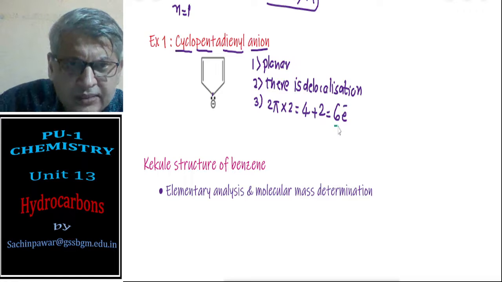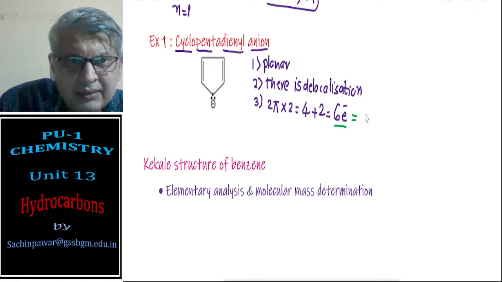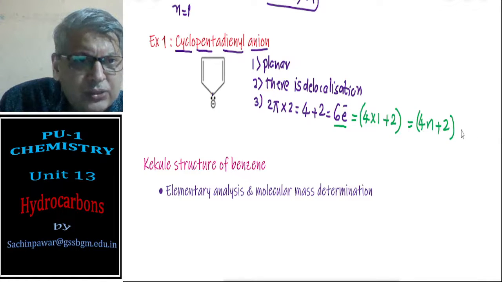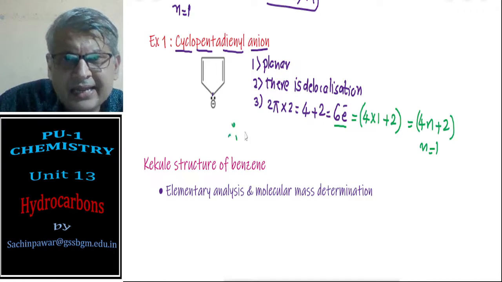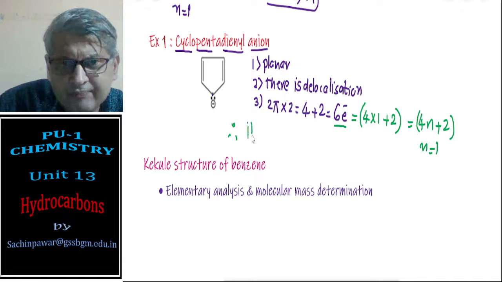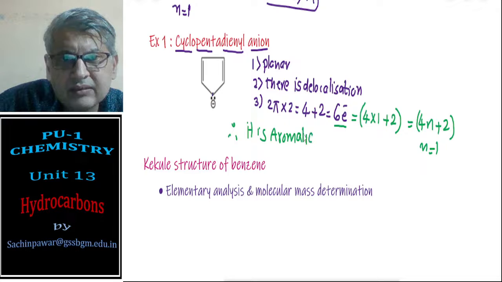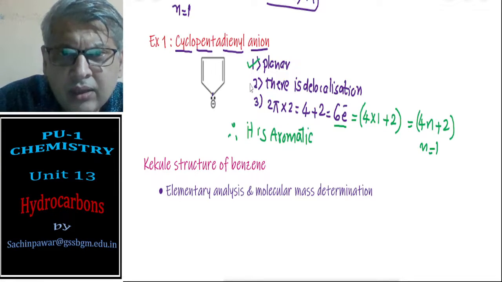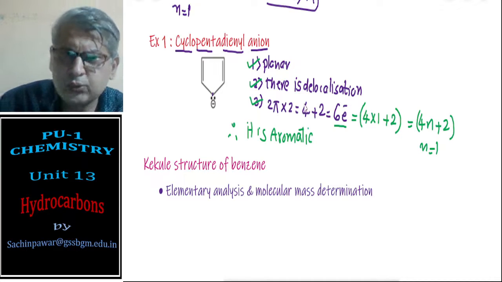These 6 electrons can be written as 4 into 1 plus 2. So this fits into the formula 4n plus 2 pi electrons, where n is equal to 1, and therefore it is aromatic. So the cyclopentadienyl anion is aromatic because it satisfies rules 1, 2, 3 of Huckel's rule.